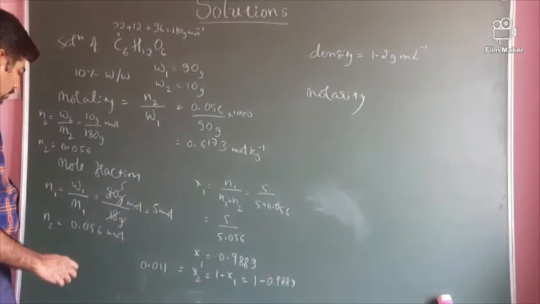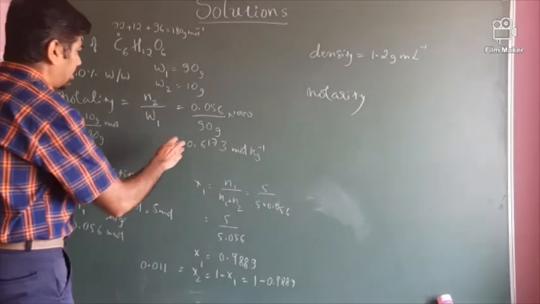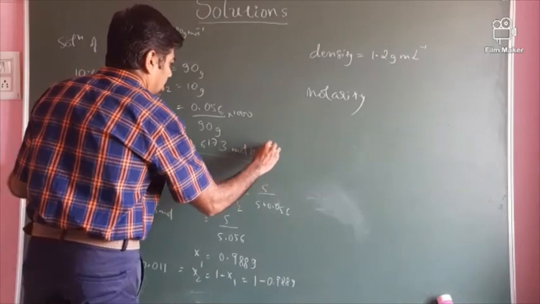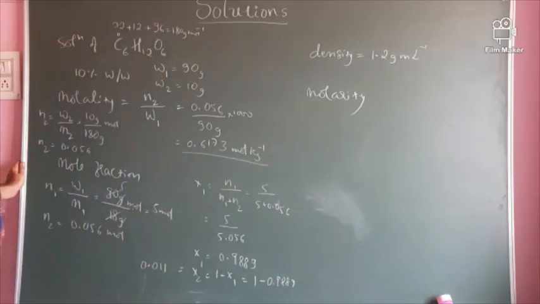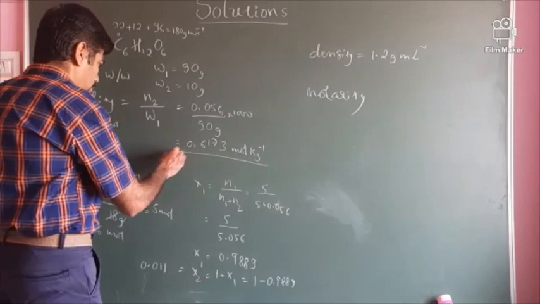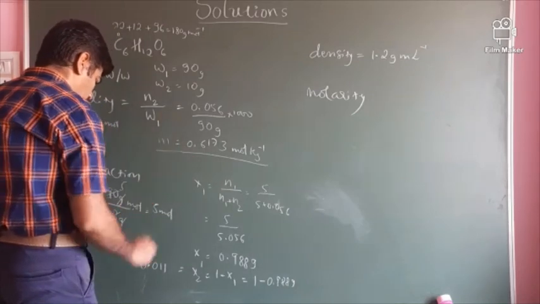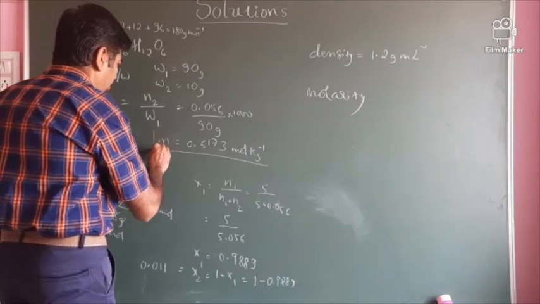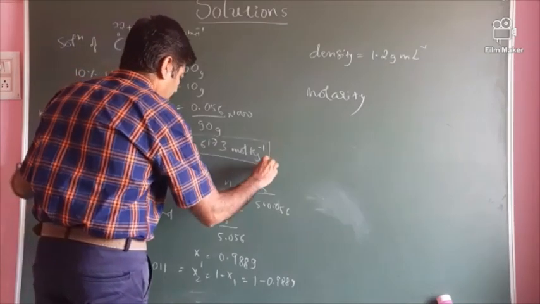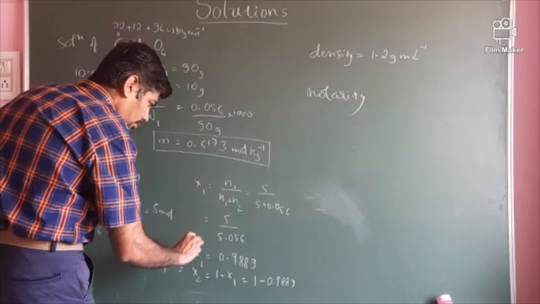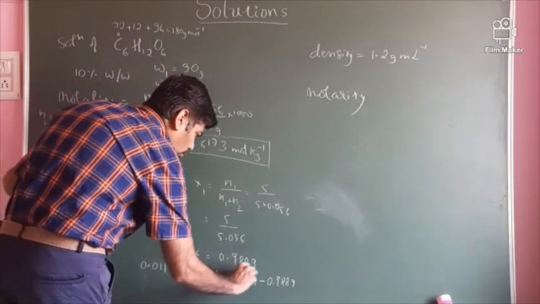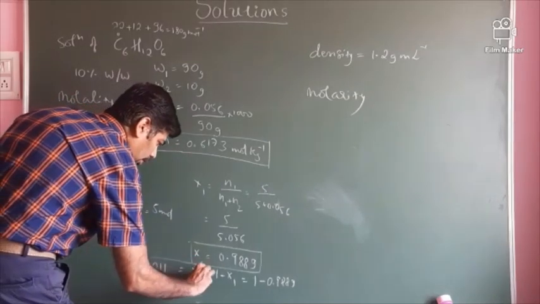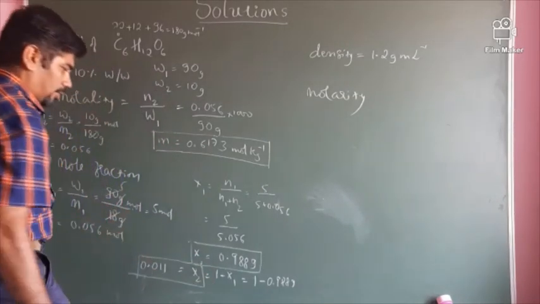Now let me highlight the answers here so that you do not have any confusion. This is answer number 1, that is molality. And this is answer number 2, that is mole fraction of one component, and this is answer number 3, that is mole fraction of another component.